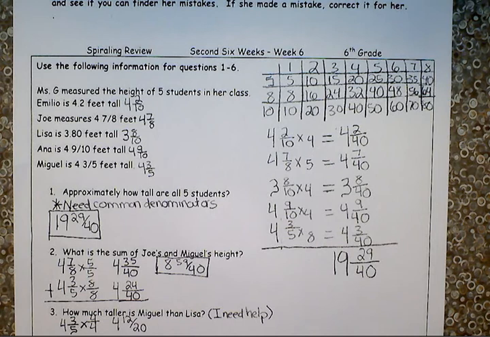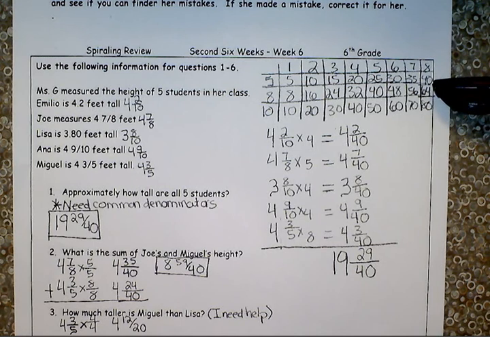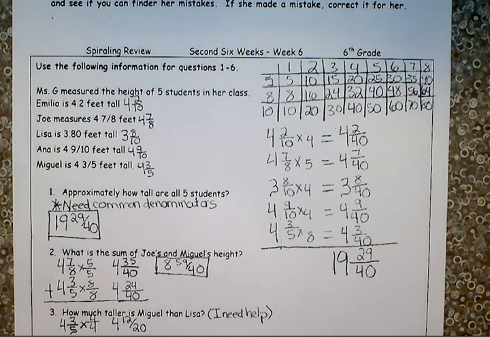Okay, all right. So let's look at the first problem that you did. It says approximately how tall are all 5 students? And I see that you wrote that you need common denominators. That's very good. Explain to me what you did. Well, I know I need common denominators, and in order to do that, I have to find my LCM. So I went over here, and I did all my multiples for 5, 8, and 10.